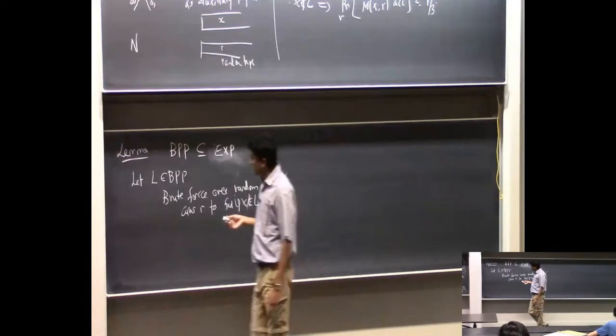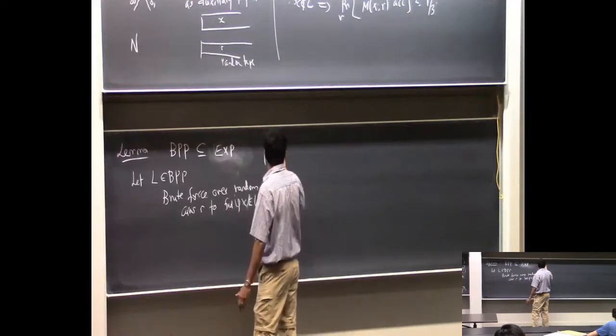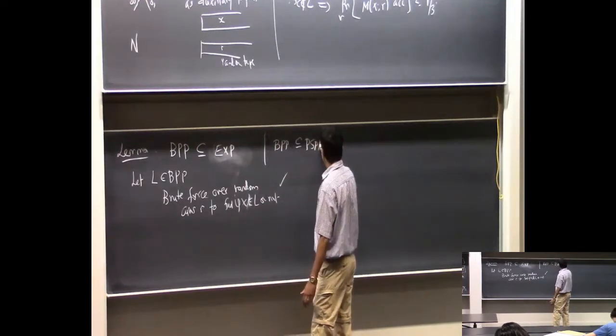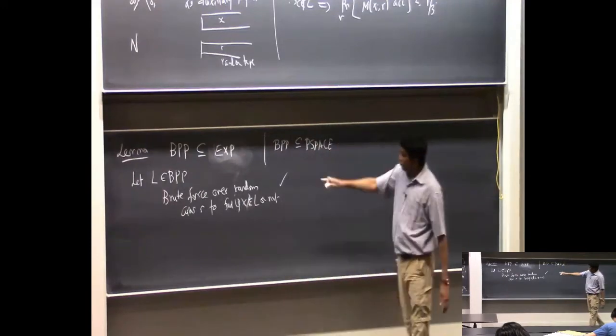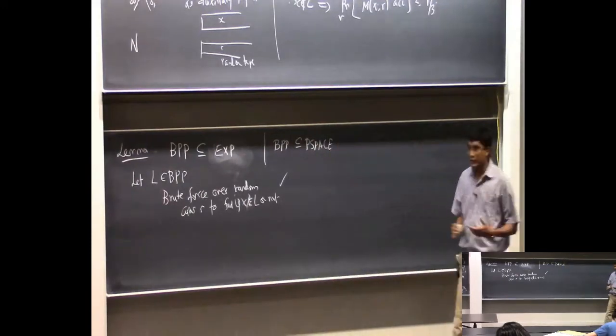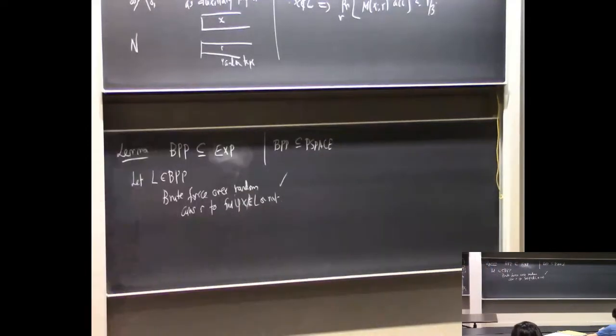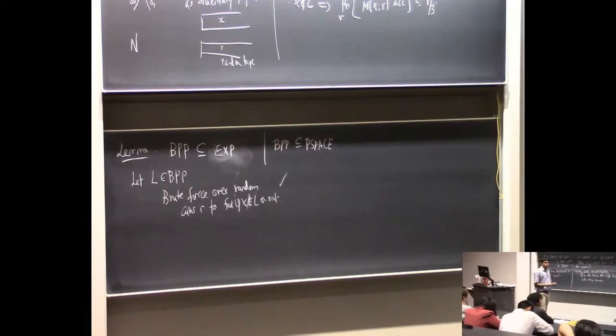And in fact, the same argument will also show that BPP is in PSPACE, because looping over all possible R's does take you a lot of time, but it doesn't have to take you a lot of space because you can reuse space. So you literally just write down each possible R, and note that for a fixed x and R, it's a polynomial time computation, so it will definitely only take polynomial space as well.